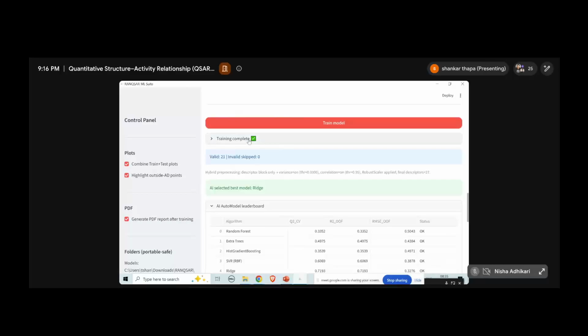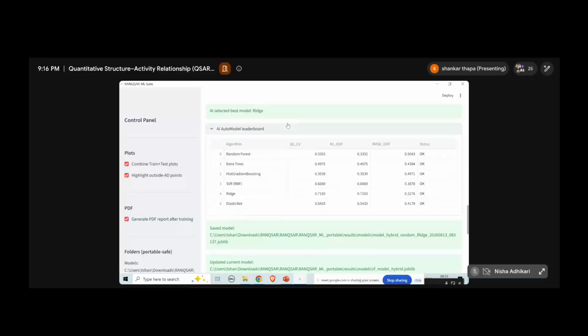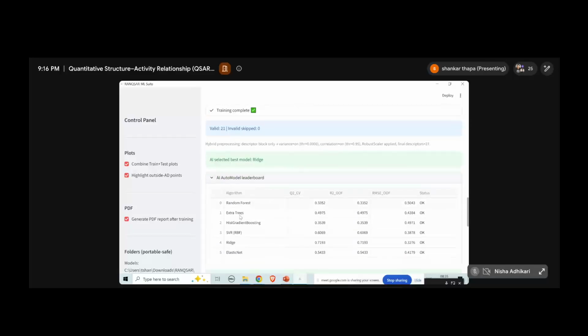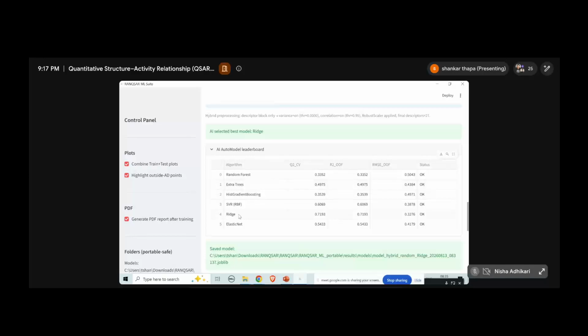I think we already got the training results, right? So here, AI is saying the RIS model is the best model. So where is the RIS model? These are the five models.